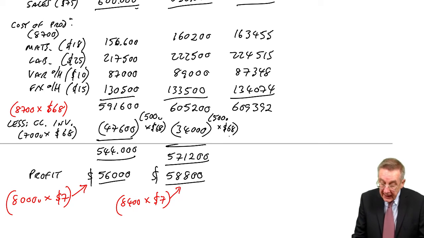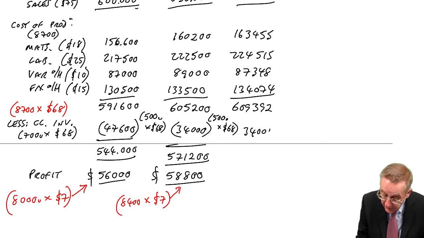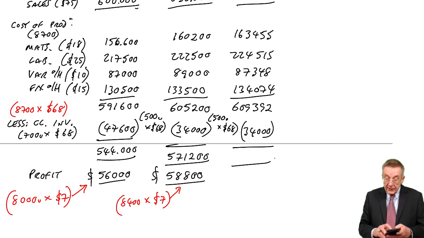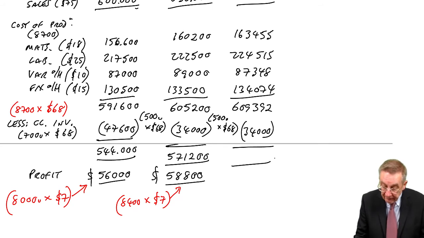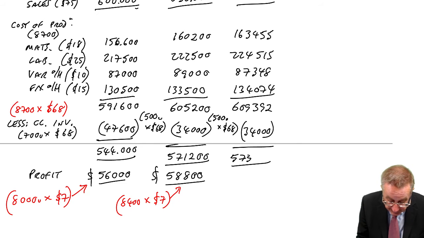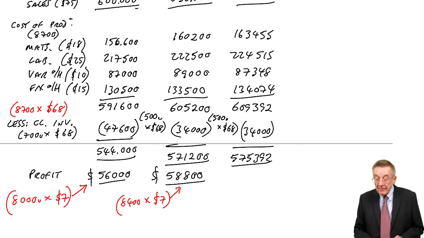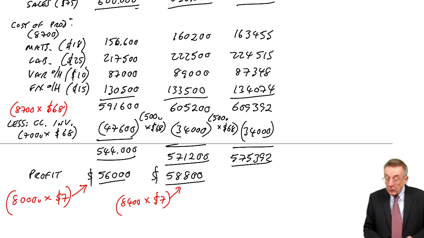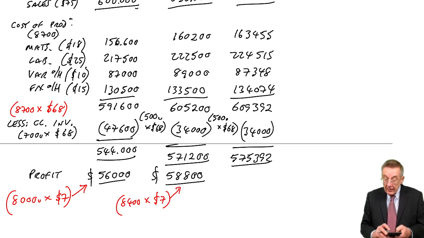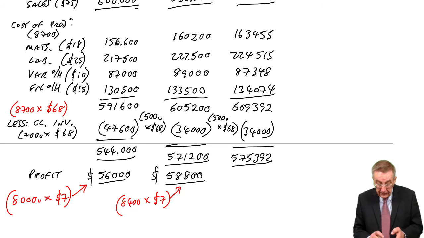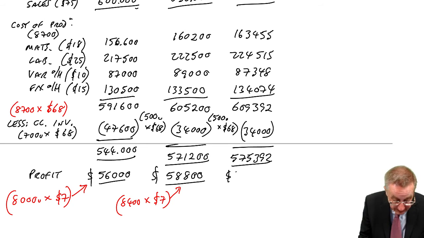But at a standard cost of 68, closing inventory is 34,000. Therefore, the cost of sales is 575,392. And therefore, the actual profit, revenue 613,200 minus the cost of sales 575,392, is 37,808.